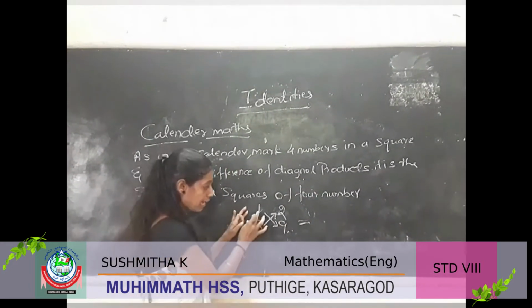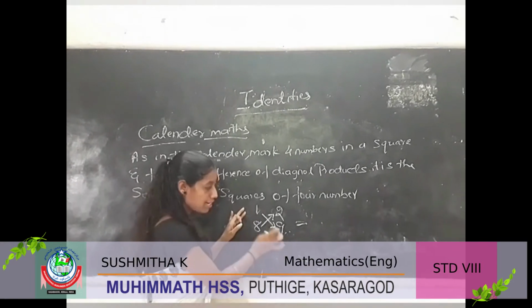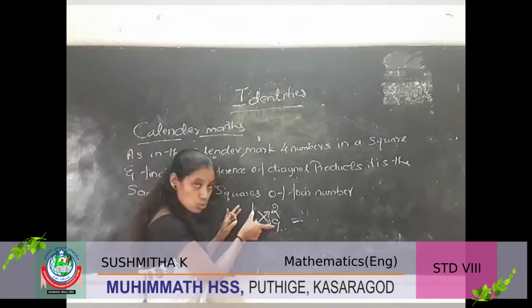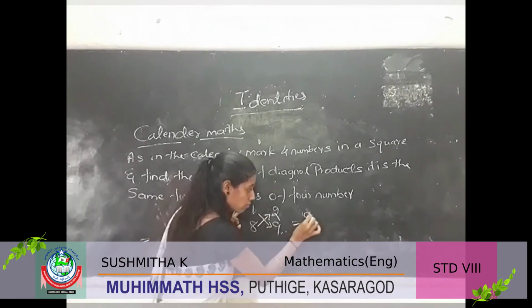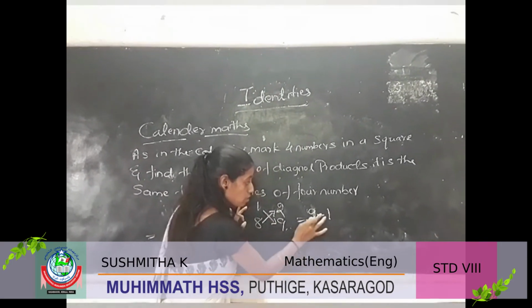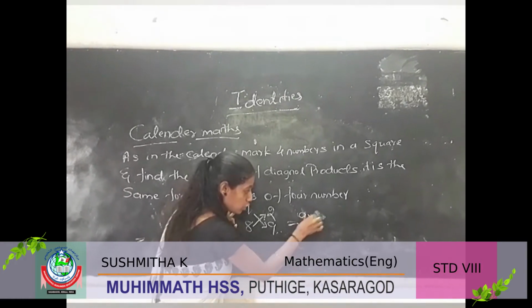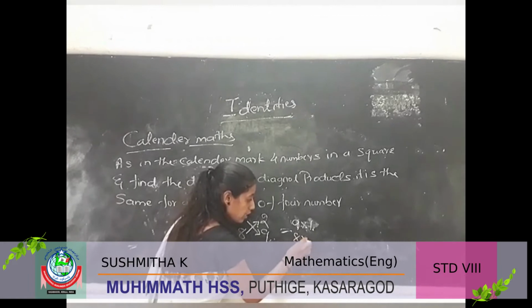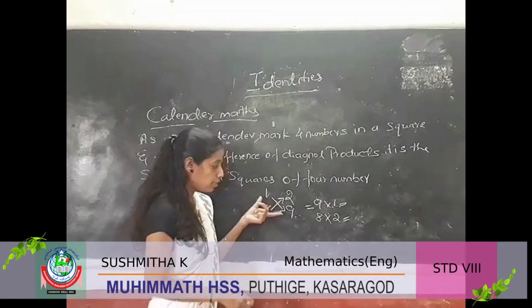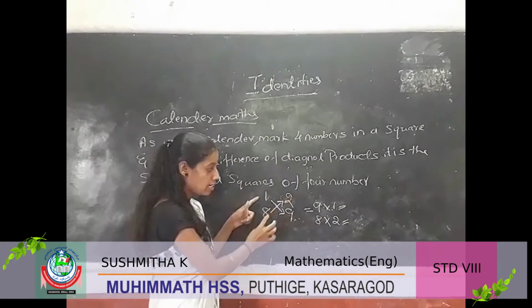First we select the 2 numbers on the diagonal. Product, isn't it? So 9 into 1 and also 8 into 2. Here we will multiply the diagonal numbers.